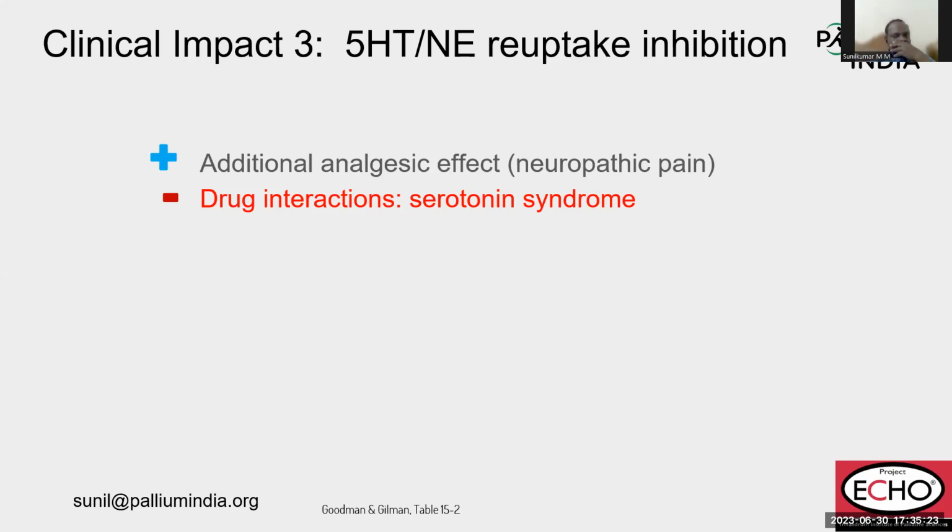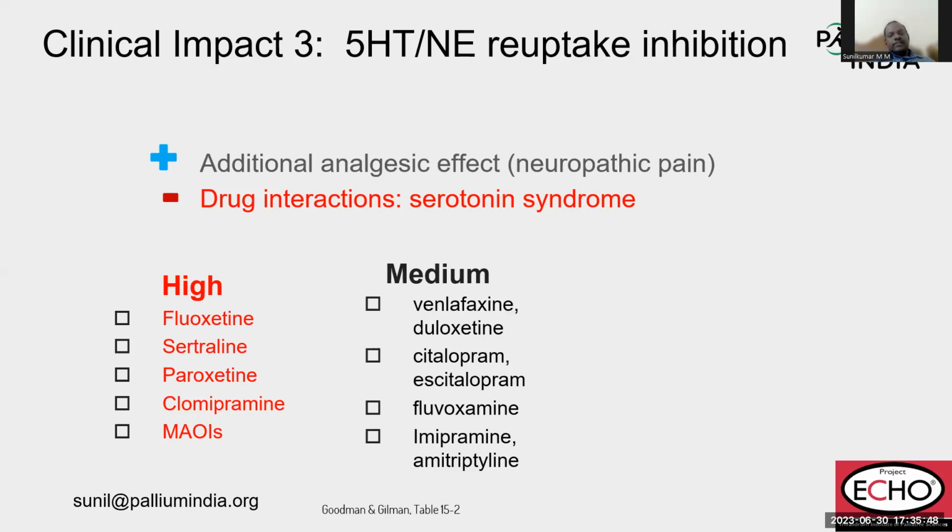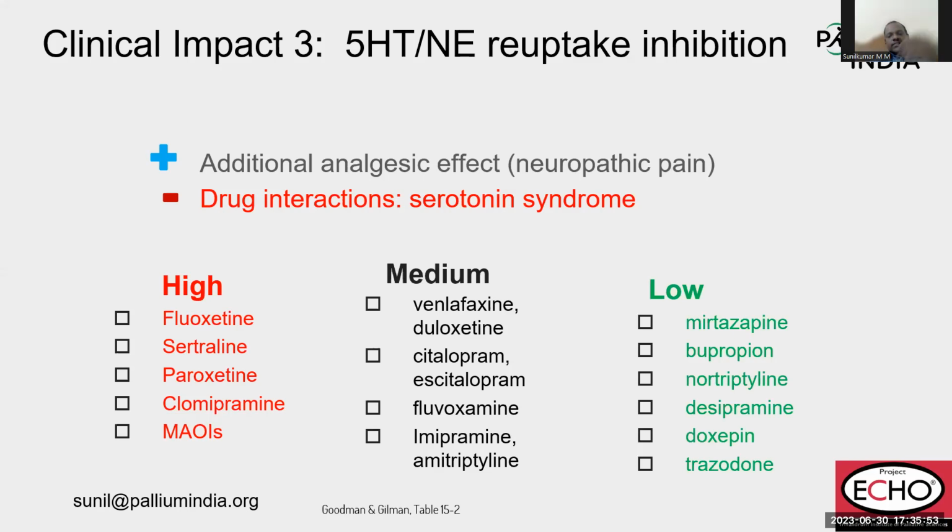But there is another problem which can happen if you give methadone along with the following medications. If you give methadone with fluoxetine, sertraline, paroxetine, clomipramine, or MAO inhibitors, there is a high chance of producing serotonin syndrome, a medium chance with this group of medications, and a low chance with the medications on the right-hand side.